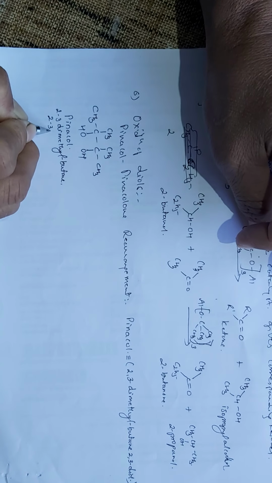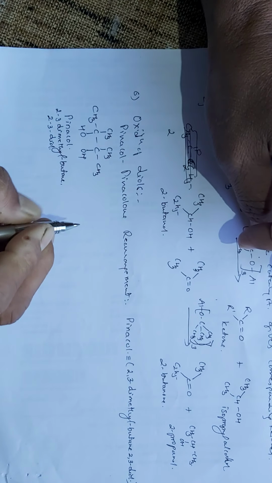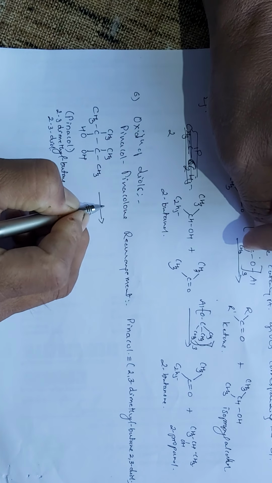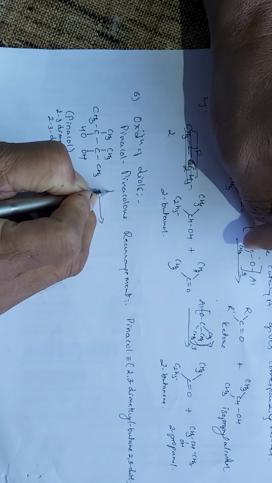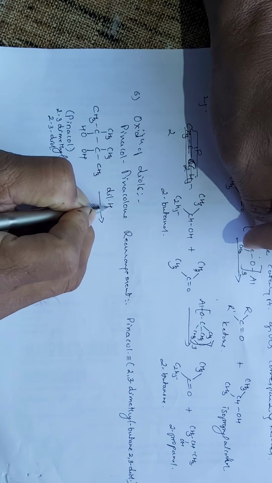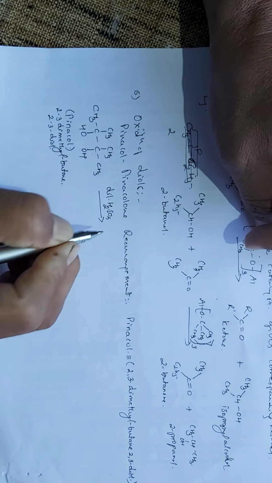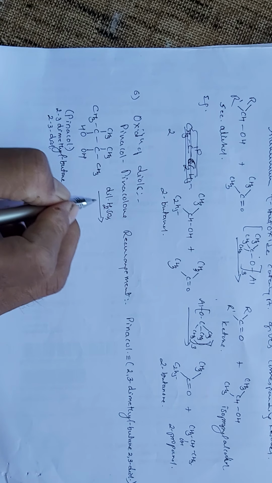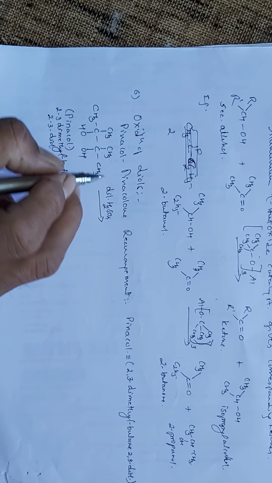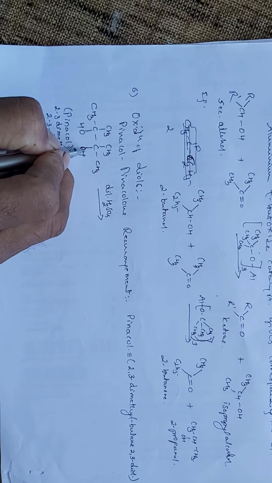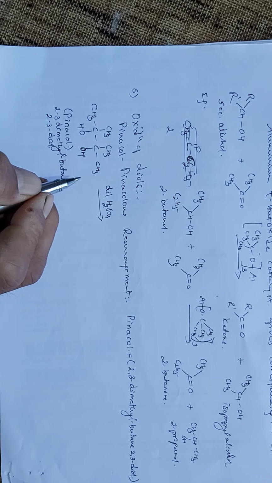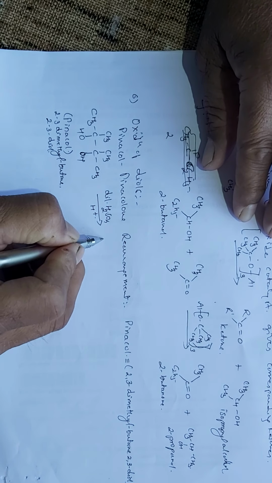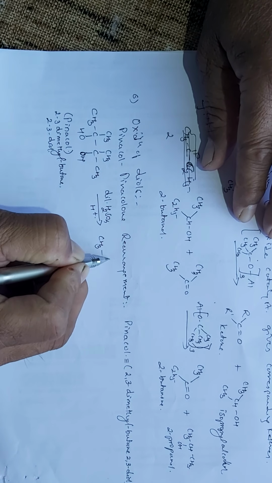This molecule, on treating with dilute sulfuric acid, undergoes rearrangement. But how does the rearrangement take place? When we add acid to this diol, the OH groups are bad leaving groups, so the acid protonates the OH group.